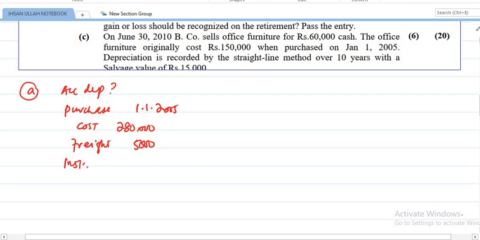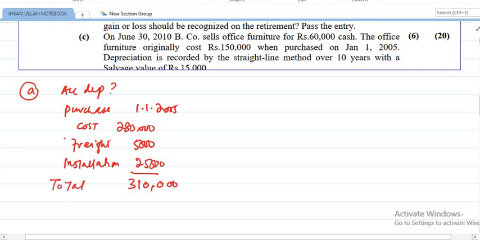When you add these up, you get 310,000. This is the total cost.